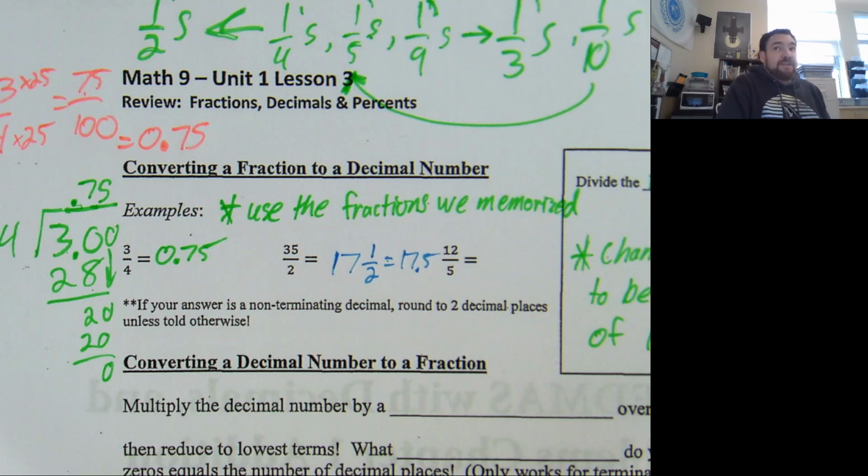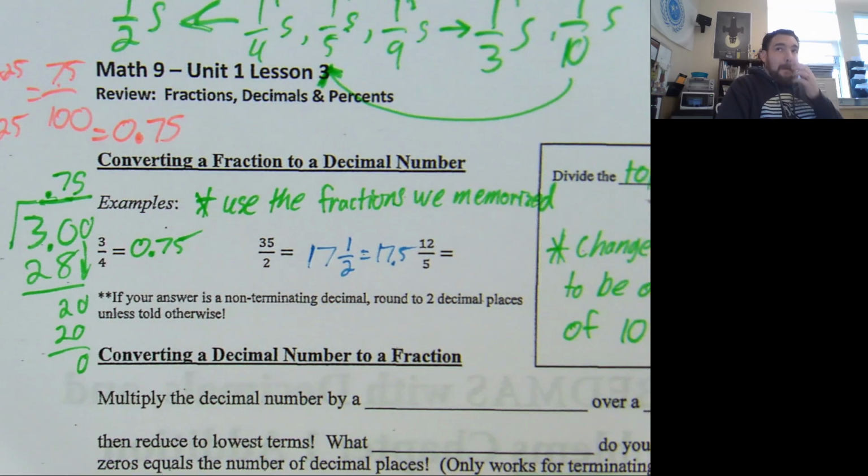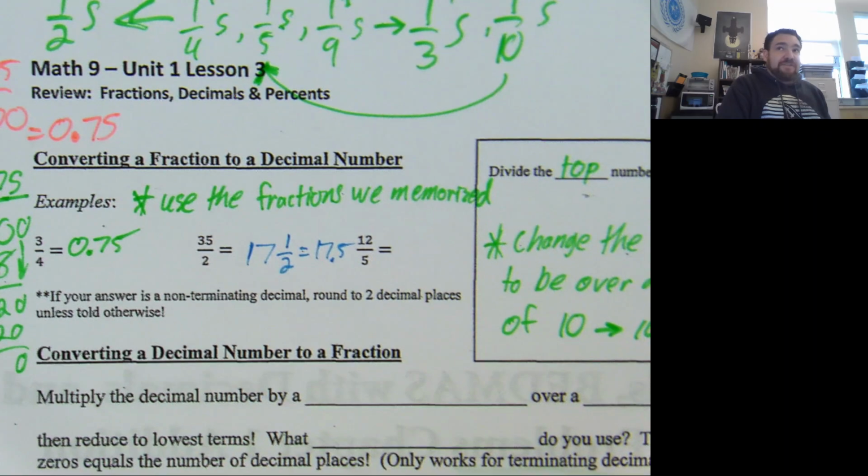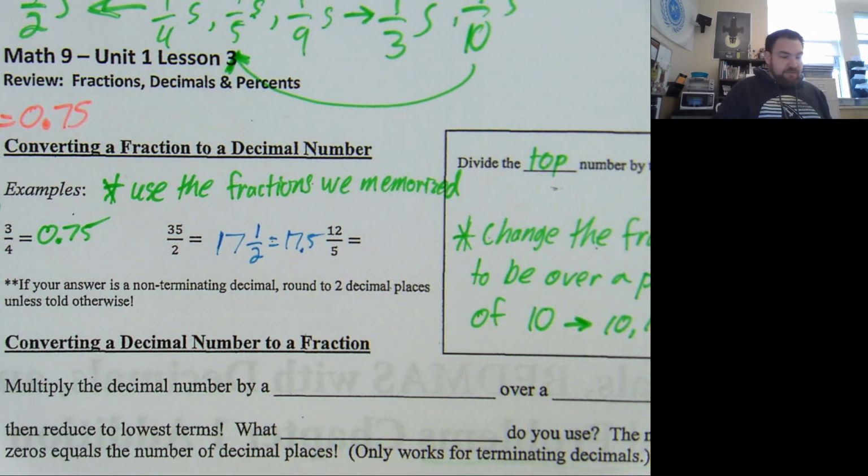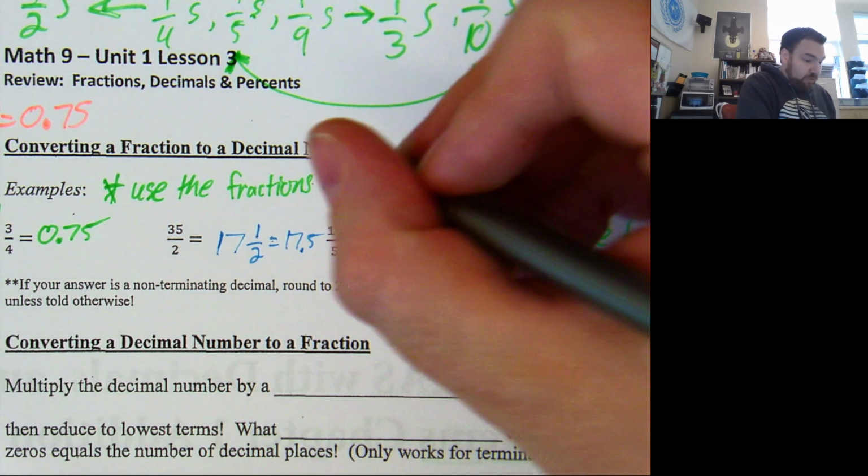Here, 12 over 5, we could do that too. 12 over 5 is actually another kind of easy technique for this though. Because 12 over 5 is the same thing as, well, I can put this over a power of 10. Because 5 times what is 10? 2.